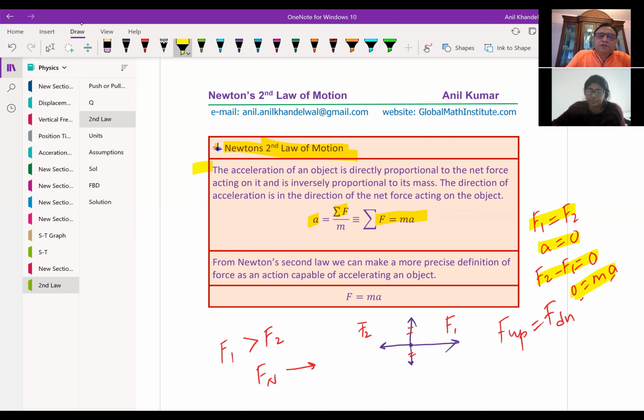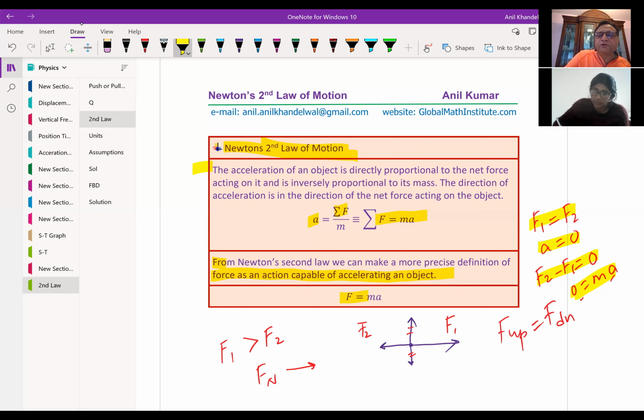Now, can you please read this? From Newton's second law, we can make a more precise definition of force as an action capable of accelerating an object. Perfect. So force is necessary for acceleration to exist. That is very important. And we're talking now about a constant acceleration in this case.